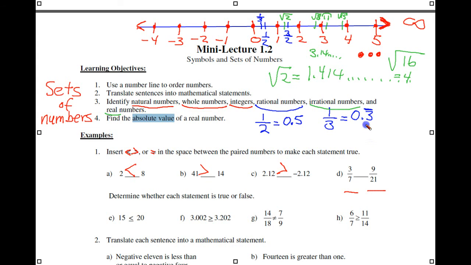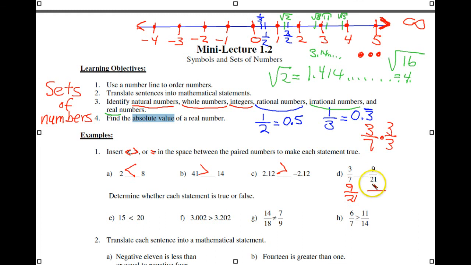Now, we are allowed to multiply any fraction by 1, and it doesn't change its value. But we can choose the one that we're going to use. Suppose we say our 1 is in the form of 3 over 3. This is 1. So 3 times 3 is 9. 7 times 3 is 21.